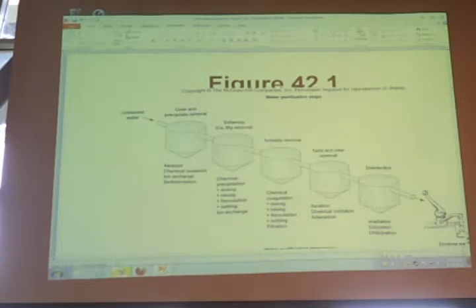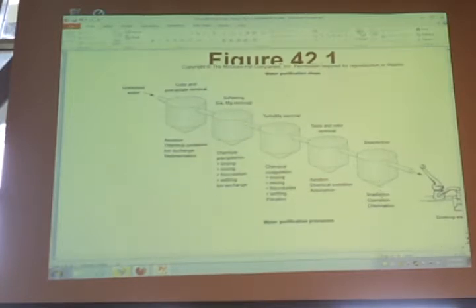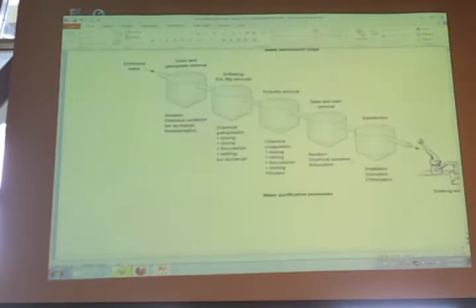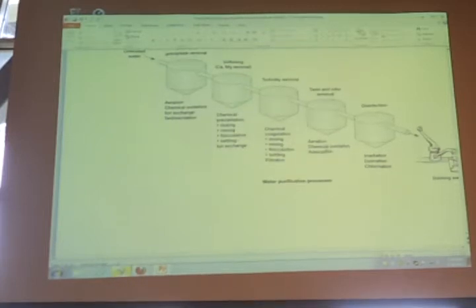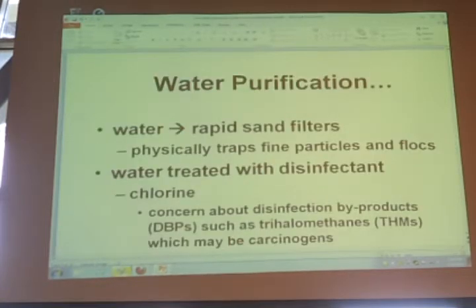If it's disinfected with something like ozone, which prevents development of some of those carcinogens, they still have to add chlorine after that. Your water does have to have a free residual chlorine so that it remains safe from the time it leaves the water treatment plant till it gets to your house. So I won't be asking you specifically about this, but it does help you understand the big picture.